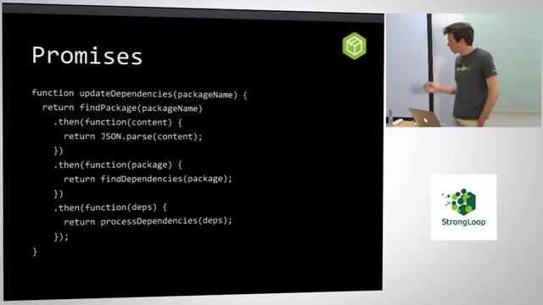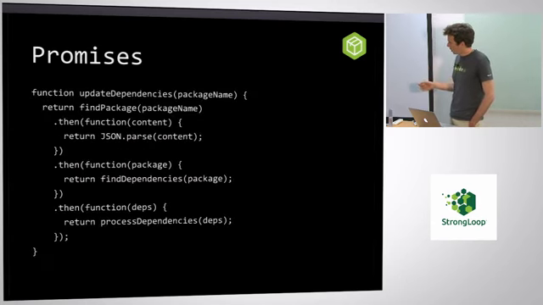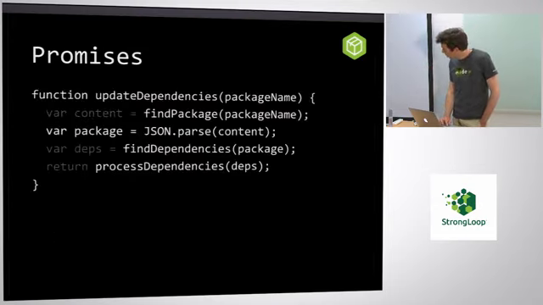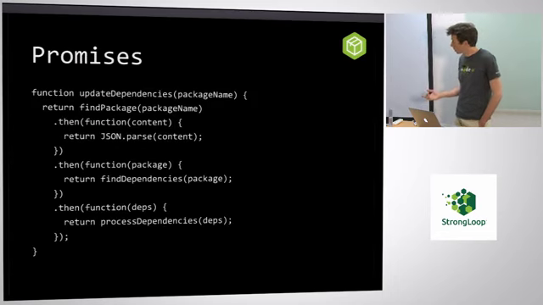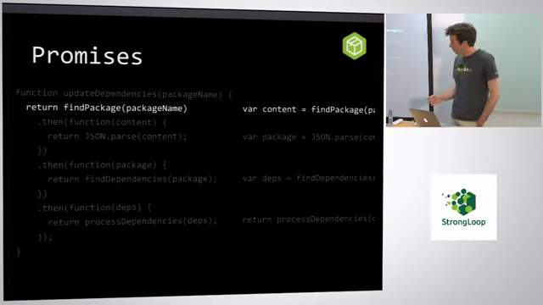And that looks something like this. So this is a very line-by-line equivalent to the previous function, just rewritten in an asynchronous way. So let's break it down a little bit. The first call of find package returns a promise that is then returned out of our function.